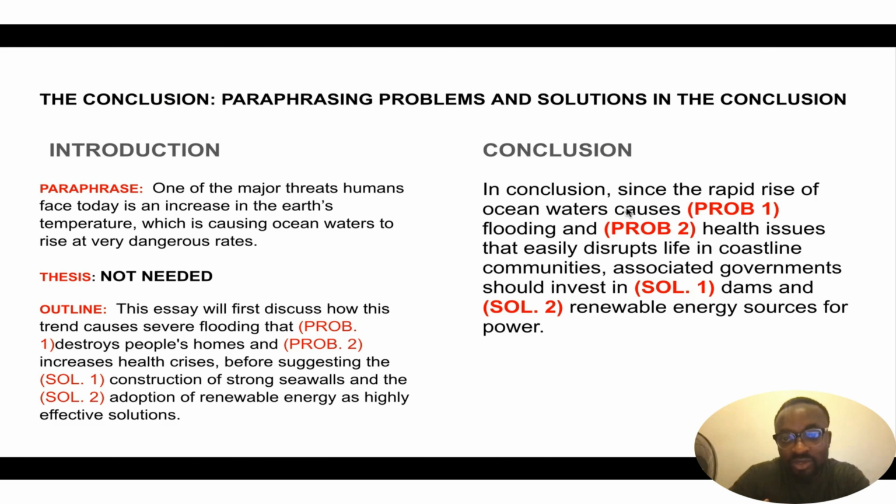So in conclusion, since the rapid rise of ocean waters causes flooding and health issues that easily disrupts life in coastline communities, associated governments should invest in dams and renewable energy sources for power. So you've seen in this single sentence, we've been able to incorporate both the two problems we mentioned, and we've been able to also present the two solutions we listed as solutions to those problems. So it's as easy as that.